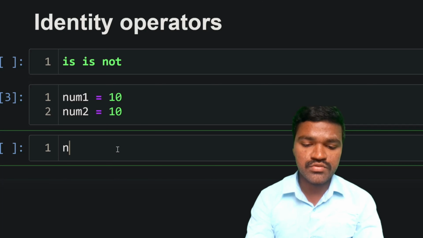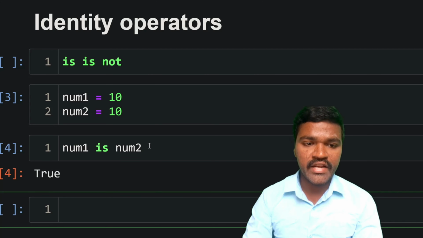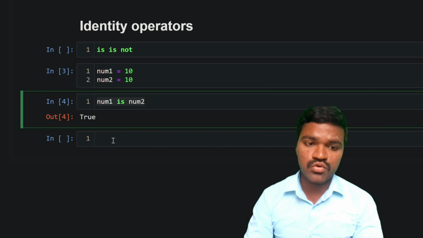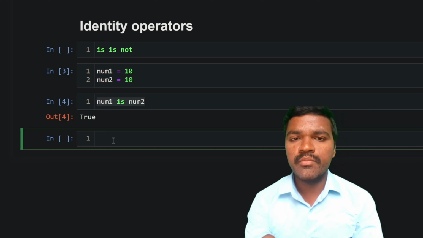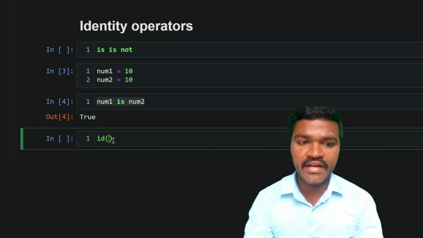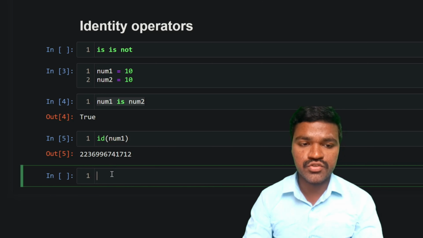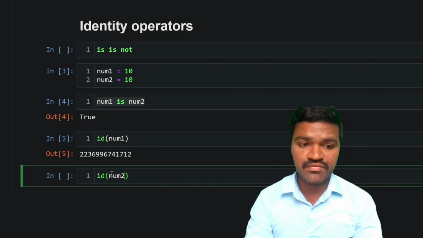To do that, I use the identity operator: num1 is num2. I get True. Let us see the memory addresses of these two variables. To know the memory address, we have a function called id. When I pass the variable to it, I get the memory address where num1 is stored. I will check the address of num2 also.